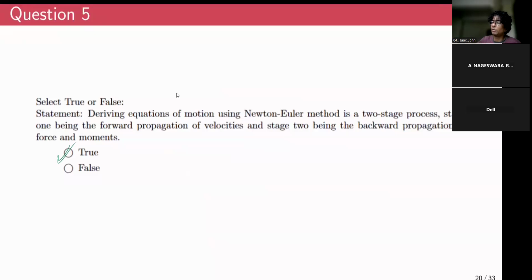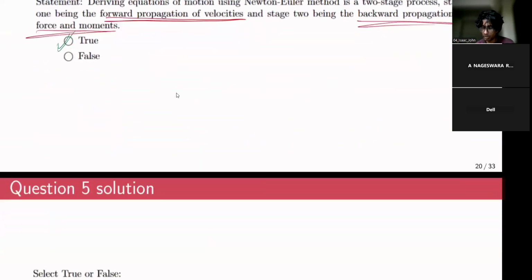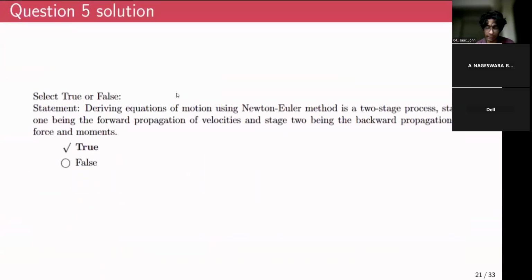So you will be able to obtain the forces and torques acting on each joint. So the statement is indeed true. It concerns forward propagation of velocities and backward propagation of forces and moments. So that's obviously a true statement. So we label it as a true statement.